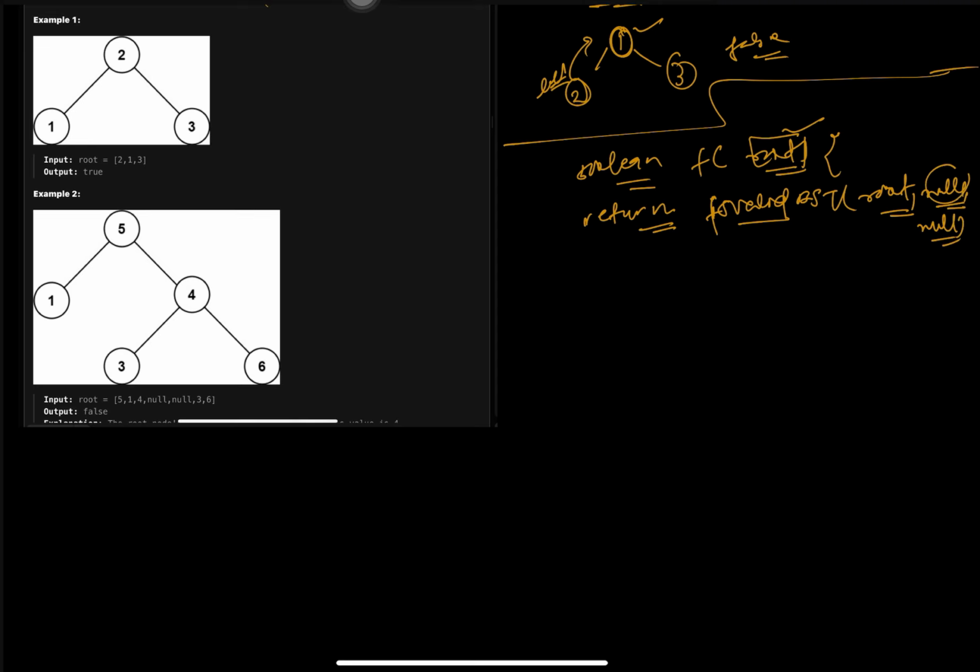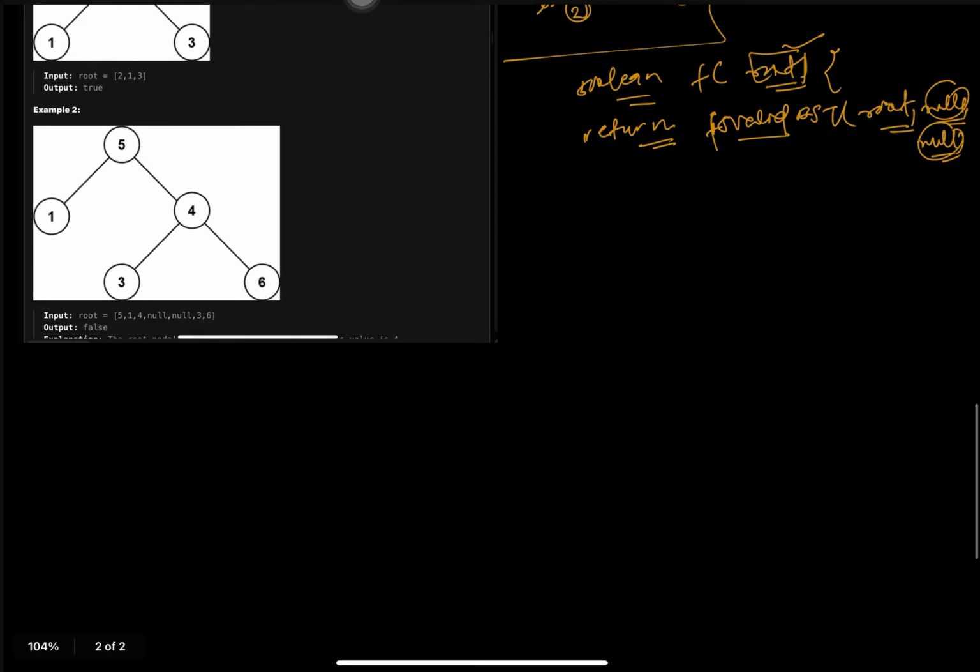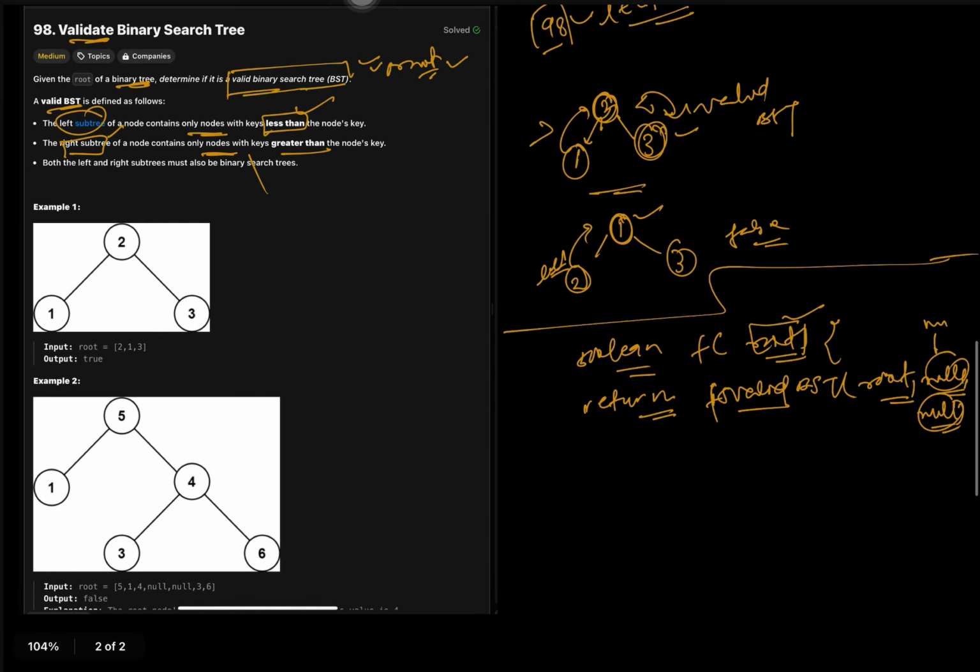What are these two null values? These are the minimum and maximum integers. We have to compare the current node with the minimum and maximum. If this is the current node 2, the maximum in this case is 3 and the minimum is 1. So we compare 2 with the minimum and maximum.